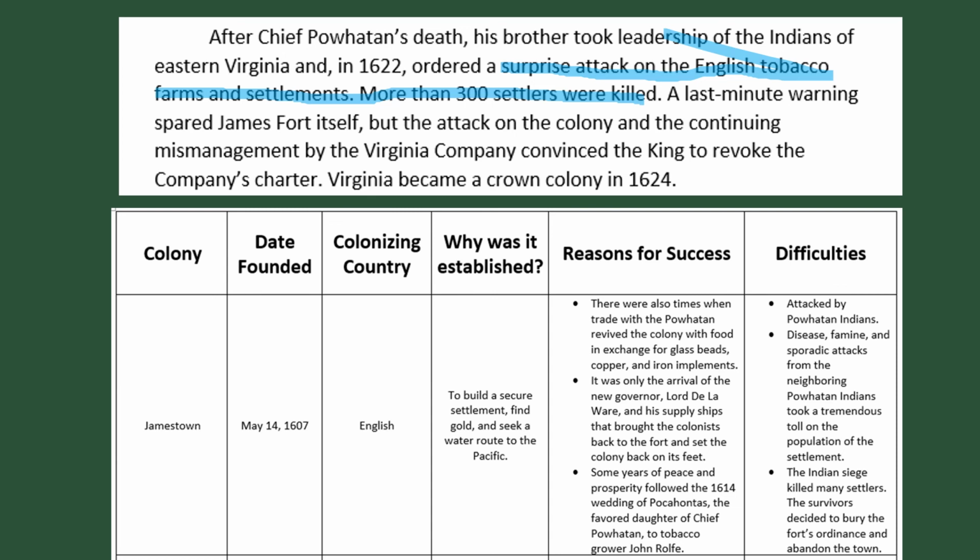So the attack and the mismanagement convinced the king to revoke the company's charter. So it later became a crown colony in 1624, 2 years after the colony was revoked from the Virginia Company. We'll add that to our difficulties on our note-taking sheet.